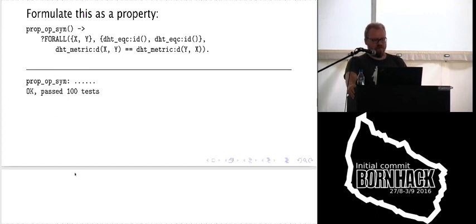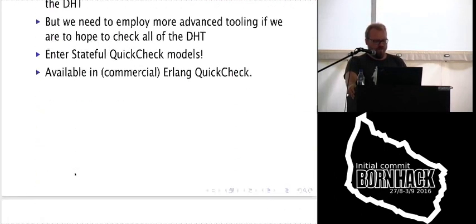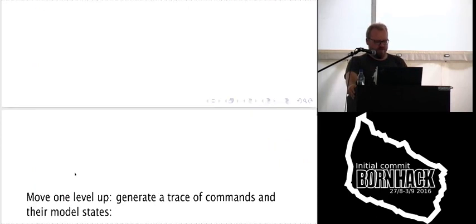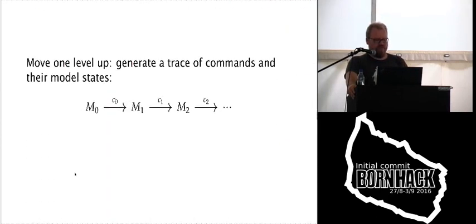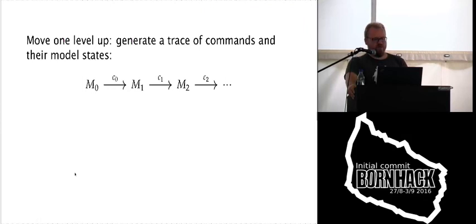And this is what leads you to the idea of building stateful models. So the idea of a stateful model is that you have some state of the model, M0, then you generate some command C0, and you get into another state. So you do a state transition into M1. And then you generate another command C1, you do a state transition into M2, and now you build up a stateful model where you transition between states.